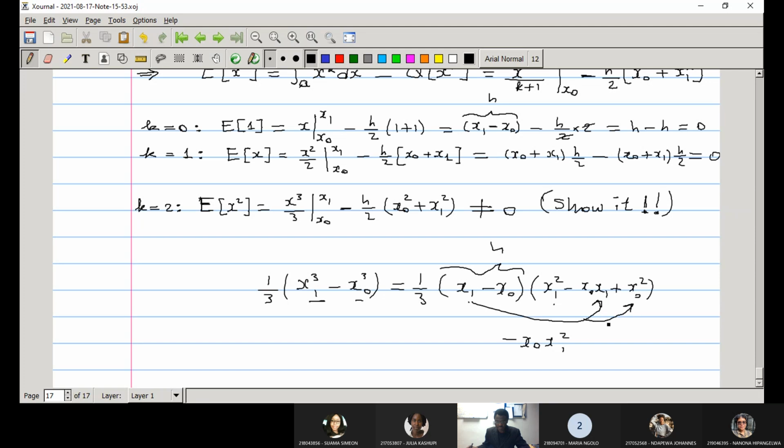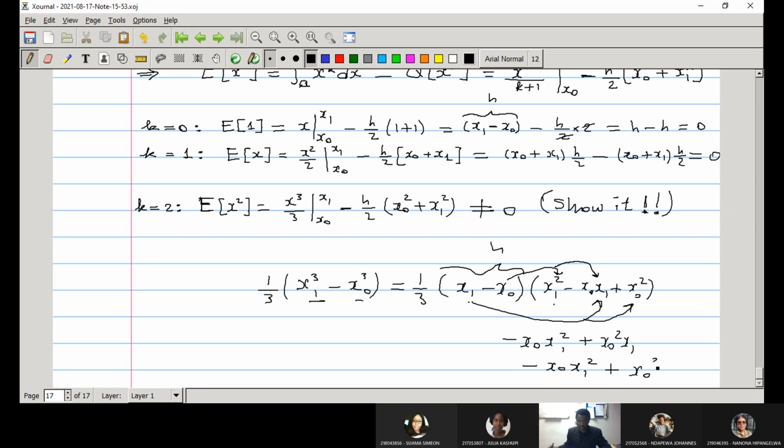And then by this one, plus x0 squared x1. And if I take this one and multiply by the first, it gives minus x0 x1 squared. And finally, this and this one will give plus x0 squared x1. You can see that x0 squared x1 and x0 squared x1 will cancel out with this one, and this one will cancel out with this. No, this one is not canceling here.